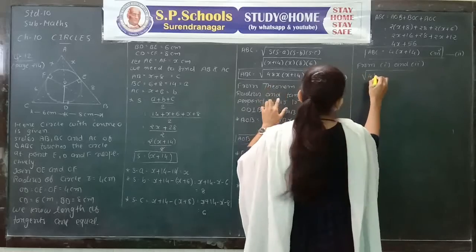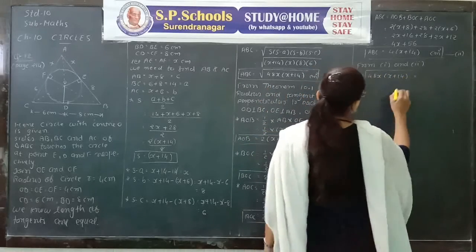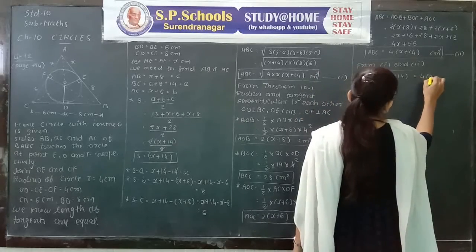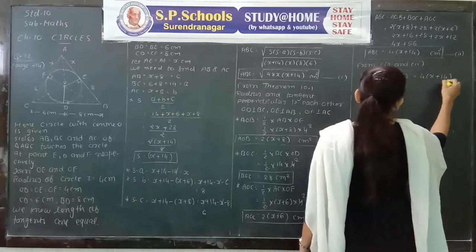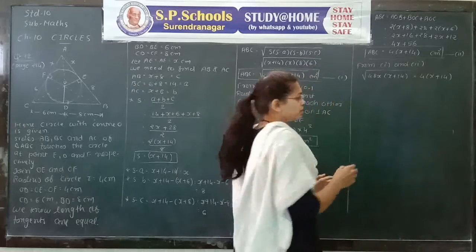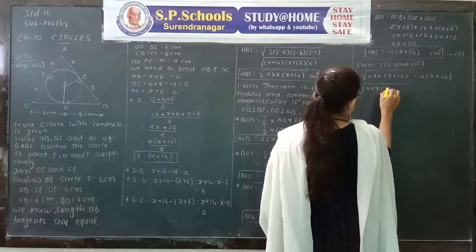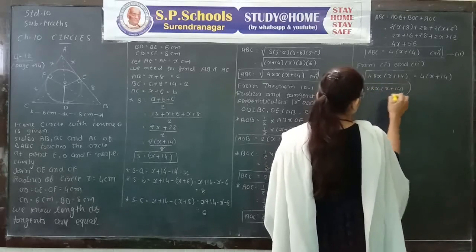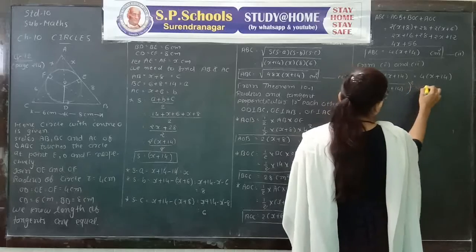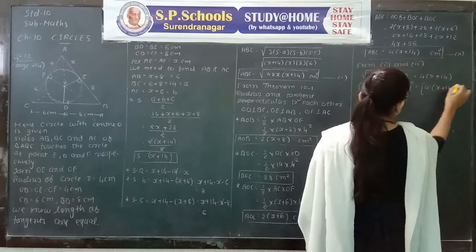Square root of 48x into bracket x plus 14 is equals to 4 into bracket x plus 14. Now take the square on both the sides to remove the square root. 48x into bracket x plus 14 whole square is equals to 4 into bracket x plus 14 whole square.